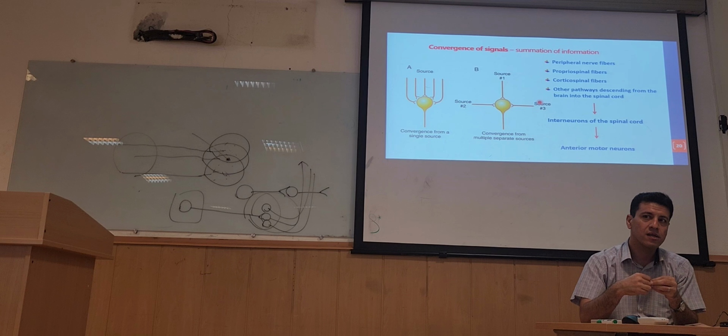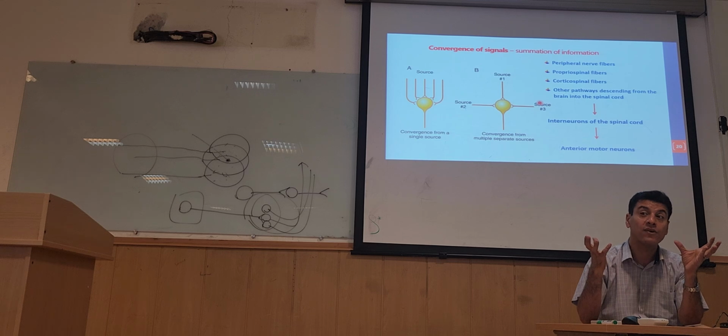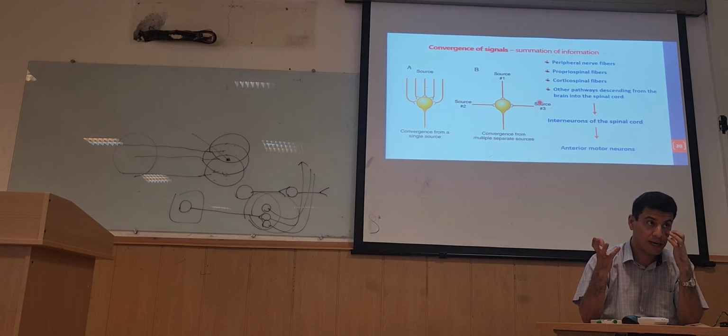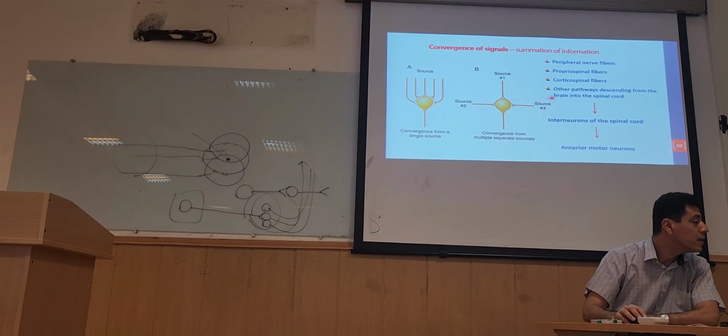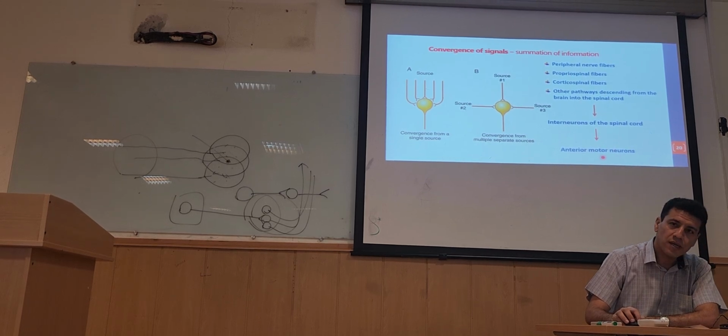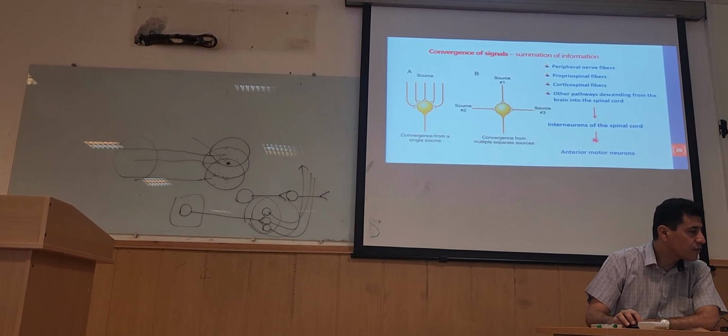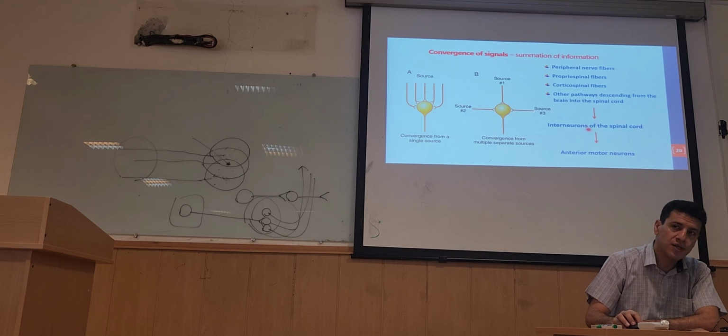What do we call this? From our previous session, I told you that this is called integration. Okay, so an example is like this. Anterior motor neurons in the ventral horn receive fibers from interneurons. They are located in the intermediate zone of the spinal cord gray matter.